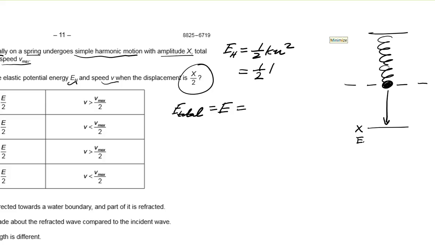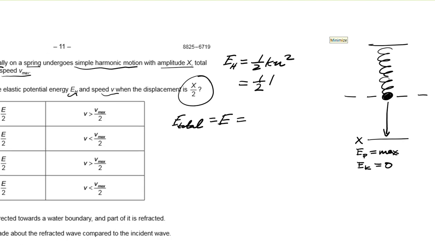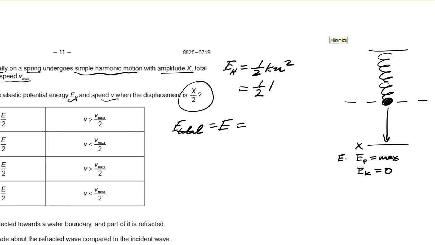So as E potential is max, EK is equal to 0. And so E total is equal to EP is equal to max. And so we have half kx squared, using this amplitude x. And so our E is half kx squared.